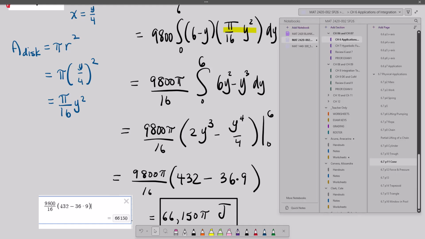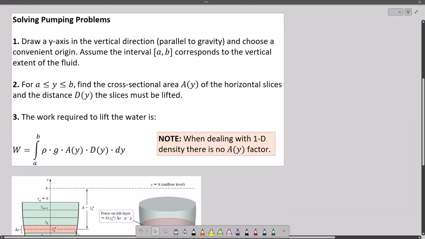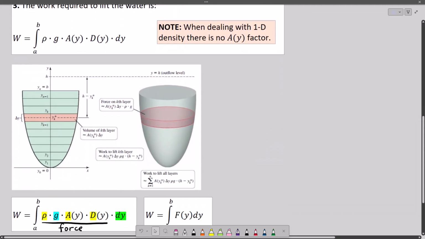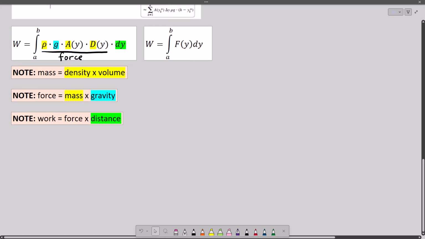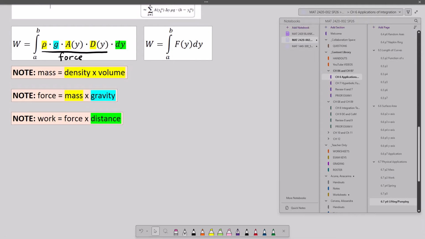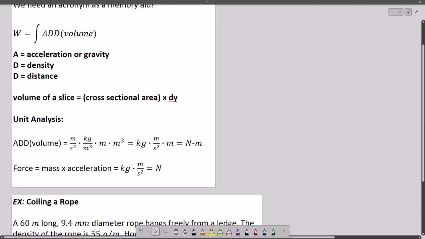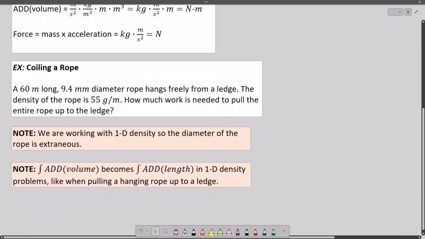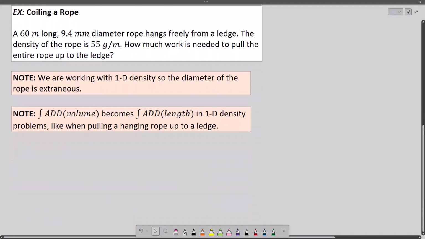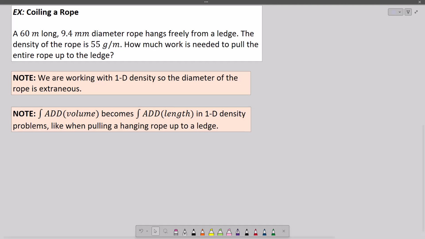All right, let's go back to the chains and the ropes. So, coiling a rope. Notice the density that they give us here.